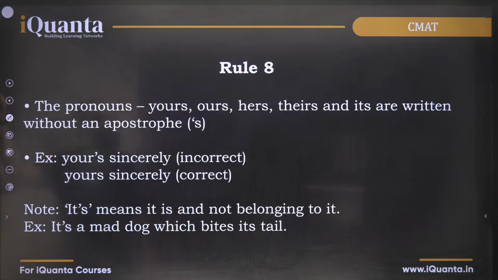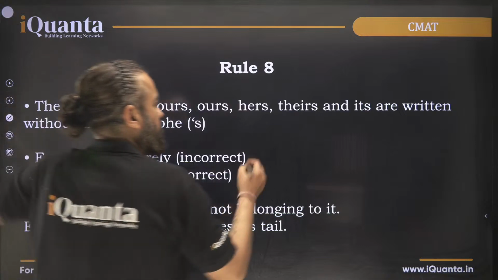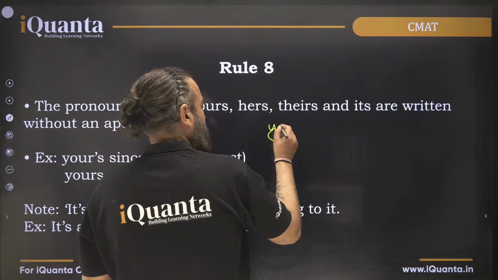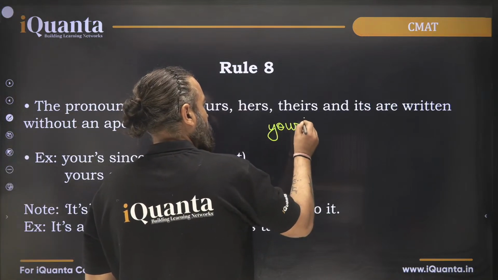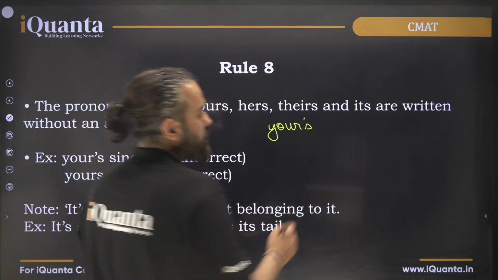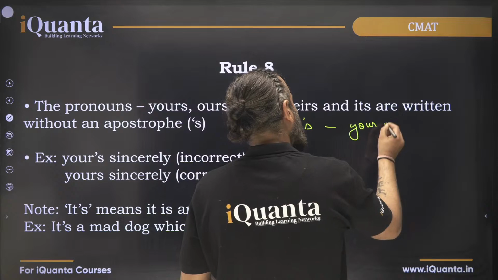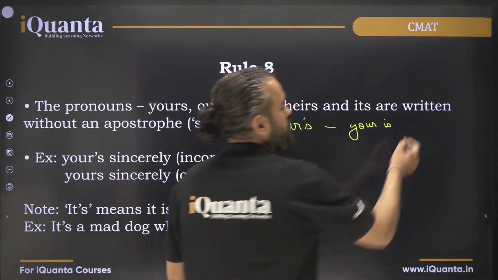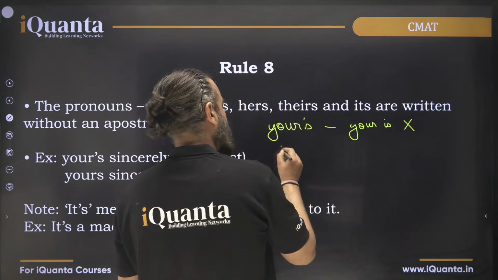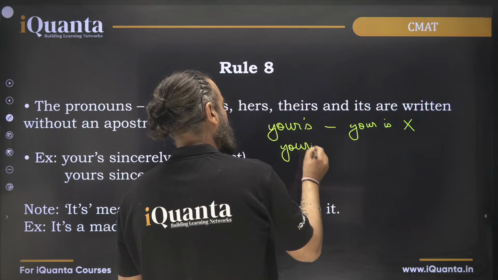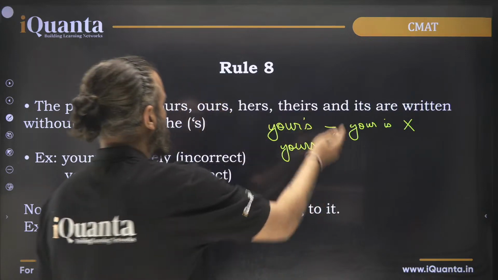The pronouns yours, hers and theirs are written without an apostrophe. Obviously, guys, this is something which you are aware of. Because if I say something like this, it actually translates to something which makes no sense at all. Hence, it is always, that's what the example says.